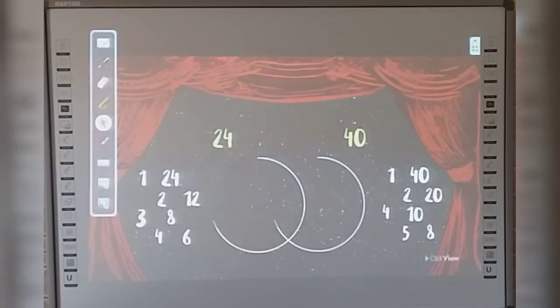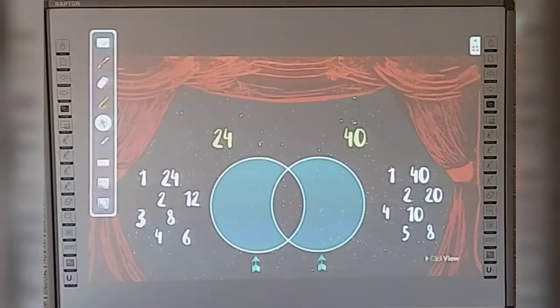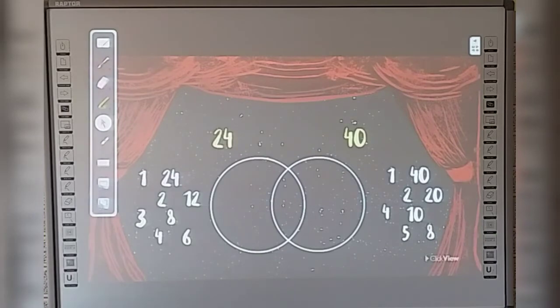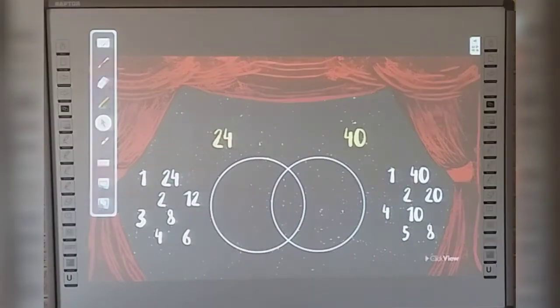We can redraw the two circles so that they have a small overlapping area in the middle. This overlapping area will include the common factors that both numbers share. On the outside circles, we will write the factors that are unique to each number. Let's see here. The common factors of 24 and 40 are 1, 2, 4, and 8.